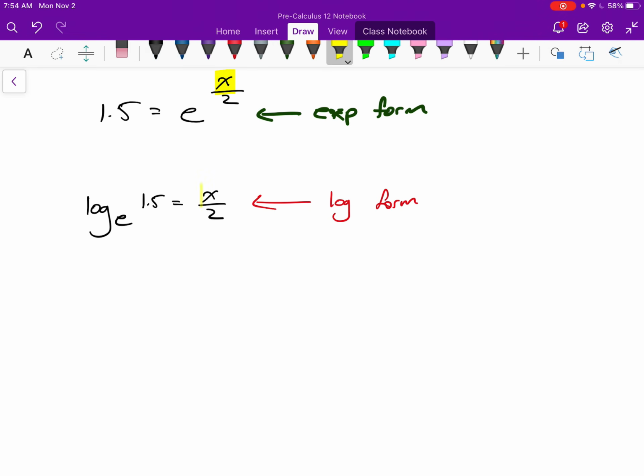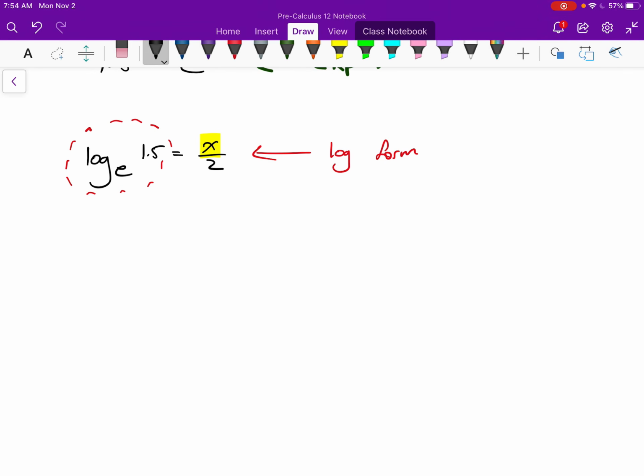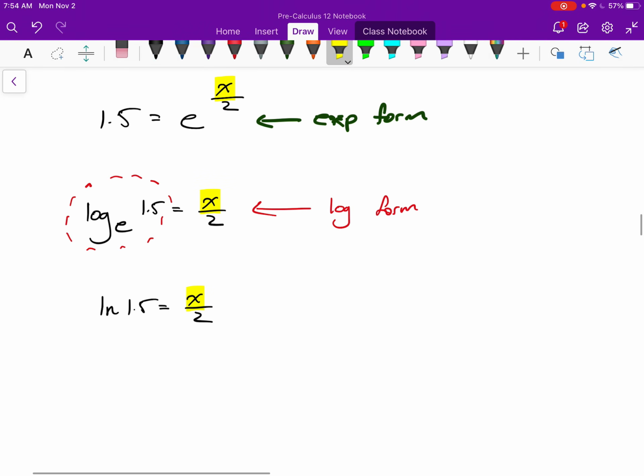That said, we could have maybe skipped that step, because everything you see right here is the same as the ln of 1.5, or the natural logarithm of 1.5. And again, our goal is to sooner than later skip right from here to here.